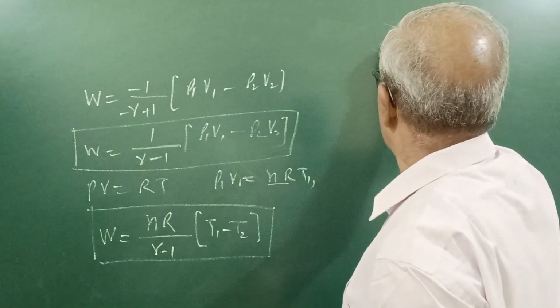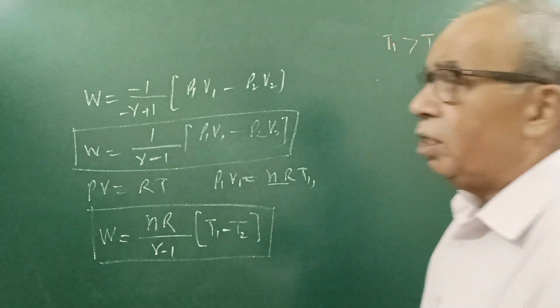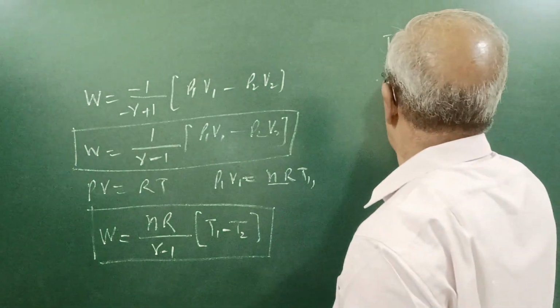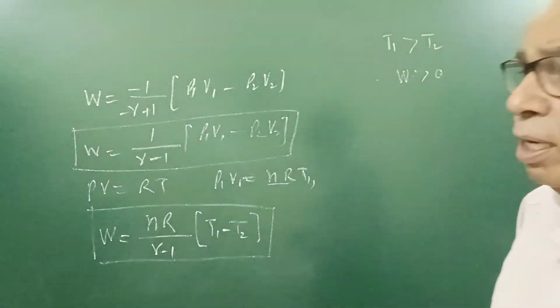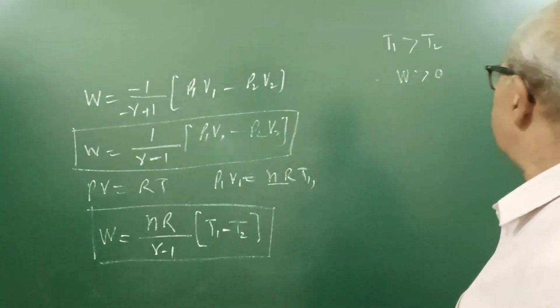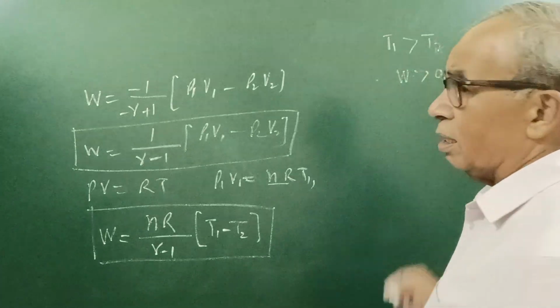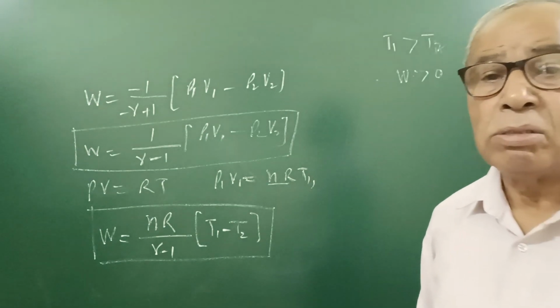If T1 is greater than T2, initially W is positive, W greater than 0, and hence from the first law internal energy will decrease. T2 decreases, but internal energy of an ideal gas totally depends upon temperature.